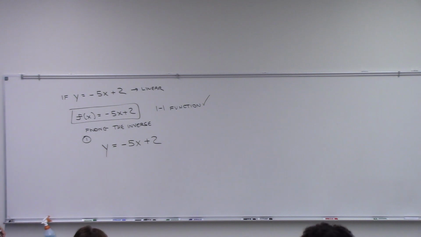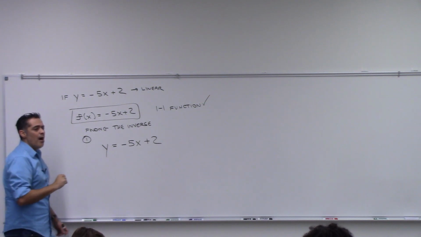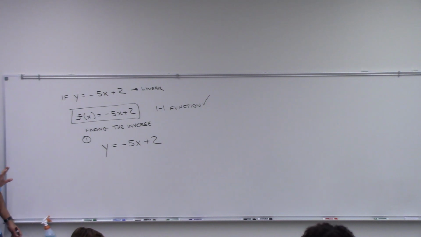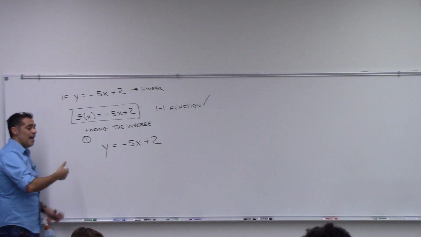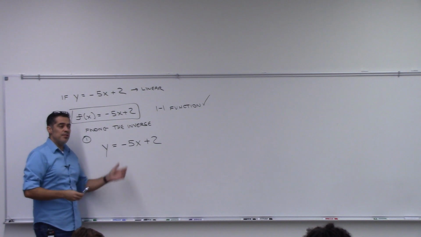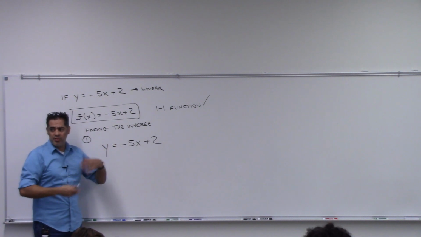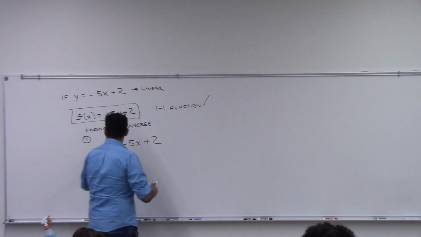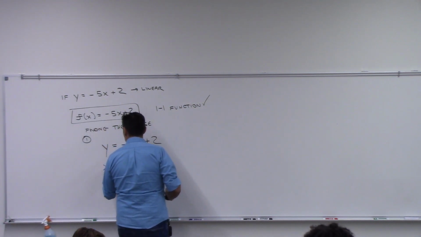Then it says interchange, I'm still in step 1, interchange the variables x and y. So all that means is everywhere that you see a y, put an x. Everywhere you see an x, put a y. Just switch what they are. So where this y used to be, put x.